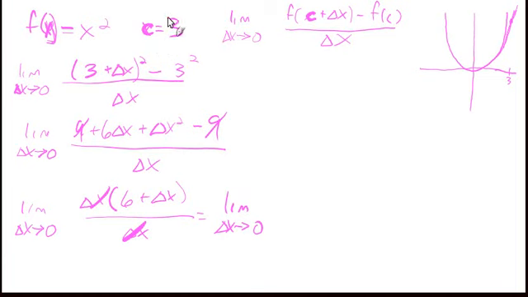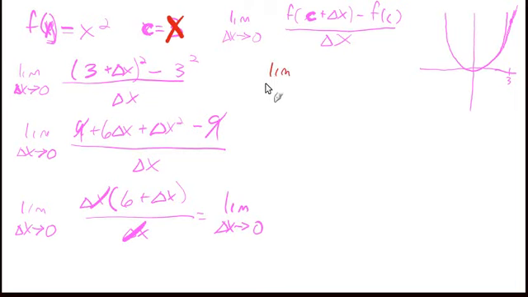X means anything. So what we have now is, rather than putting in a 3, a number, I'm going to put in an x. So let's do this again, but c is now x.